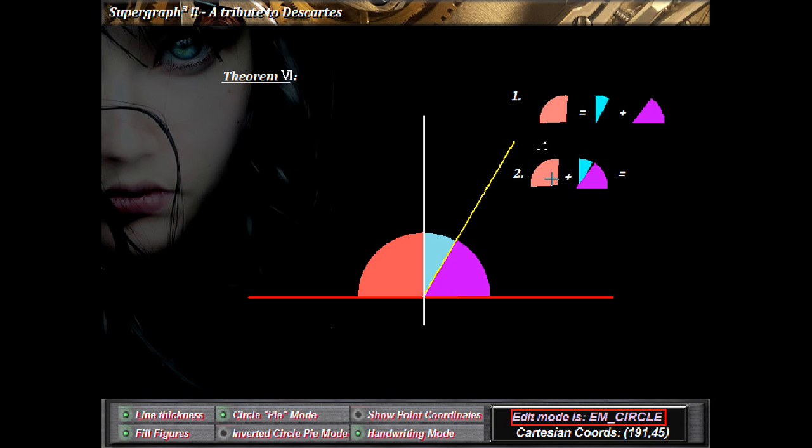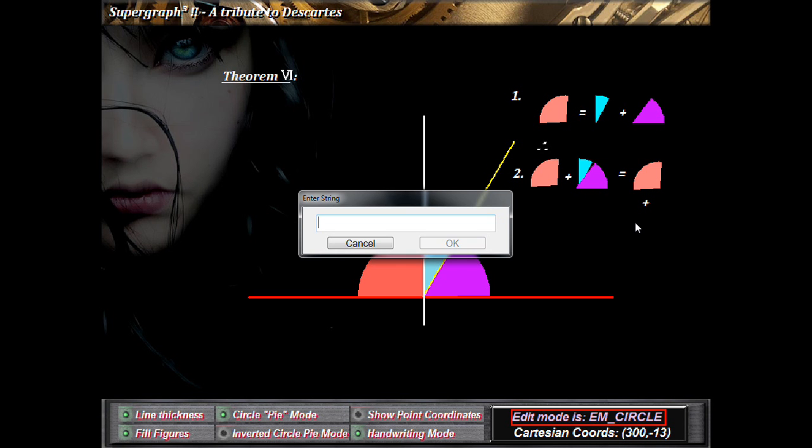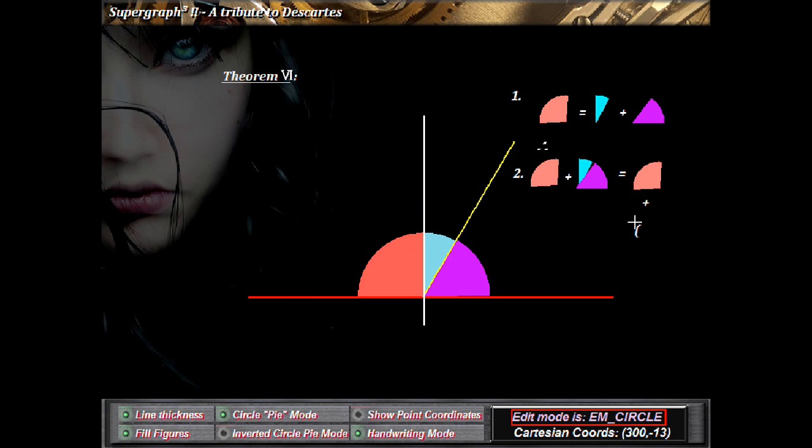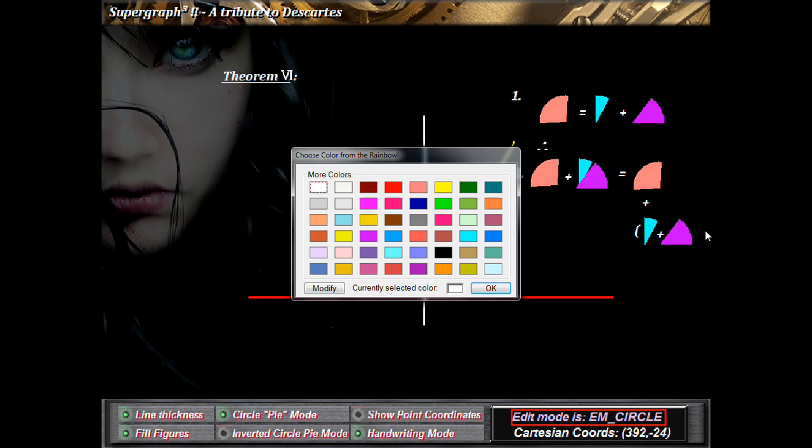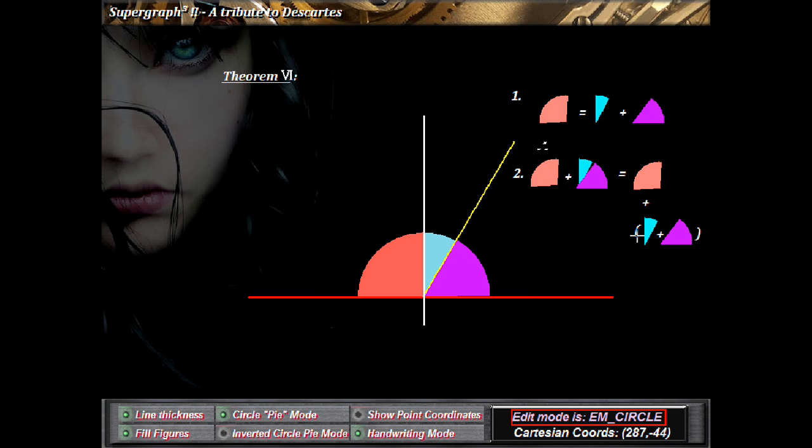Okay, what he wants to write is this, I don't have enough room, plus then what would have to be written first is this in brackets, because we haven't a law of association, an associative law for addition of angles.